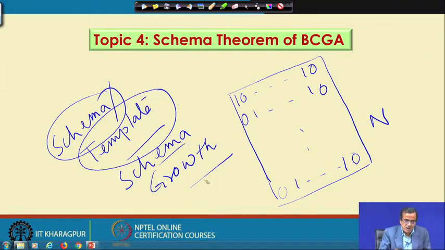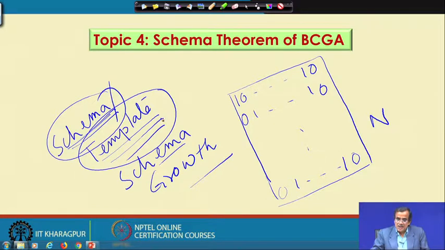Once we have that mathematical expression, we can take the decision whether a particular schema is going to survive or not, and whether this schema or template is going to get a large number of solutions or not.